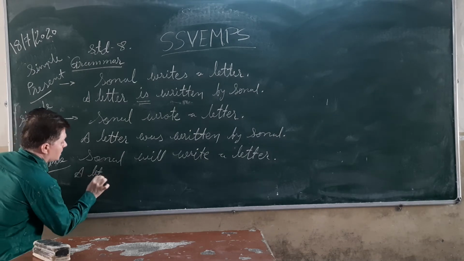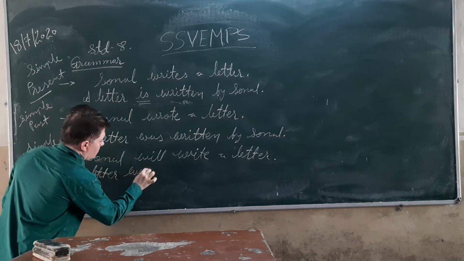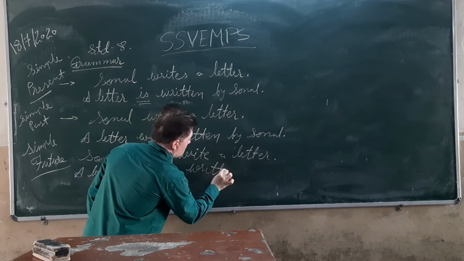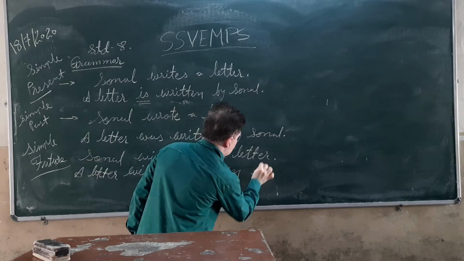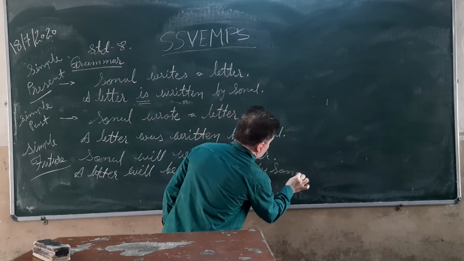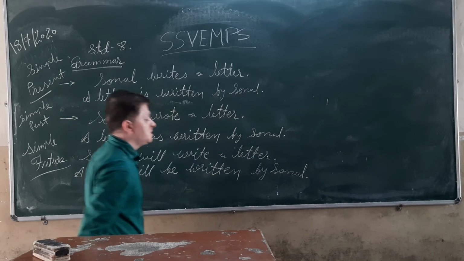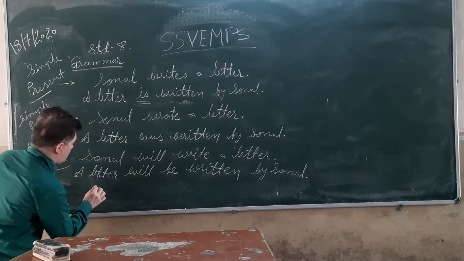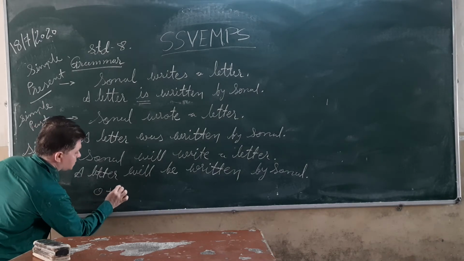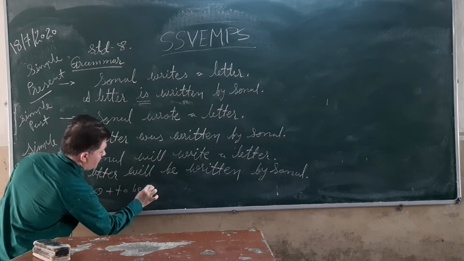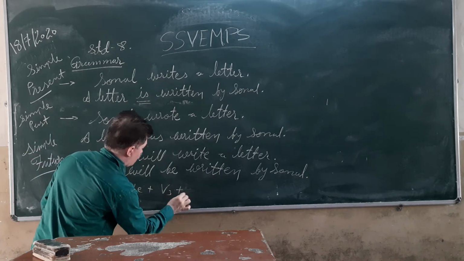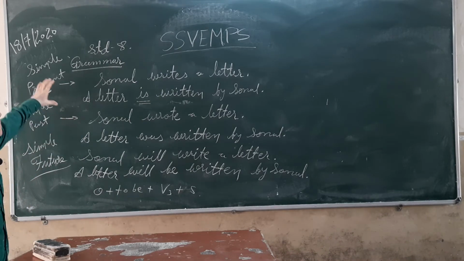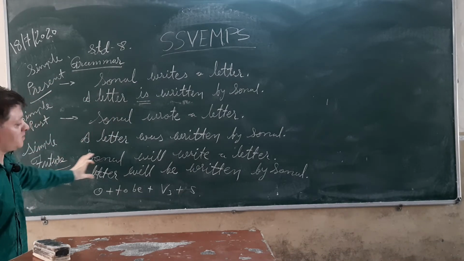A letter will be written by Sonal. Can you understand this? So in this way we have the structure of object plus form of to be plus V3 plus subject, in simple present tense, simple past tense and simple future tense.